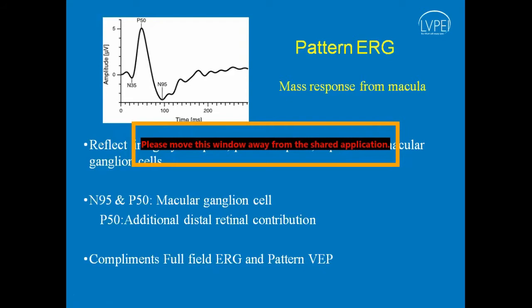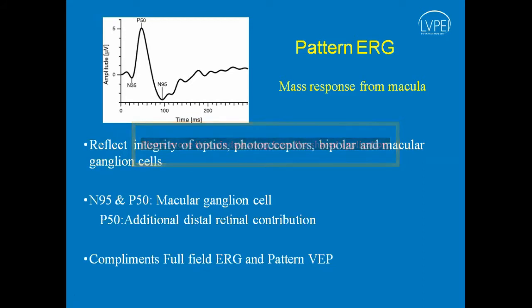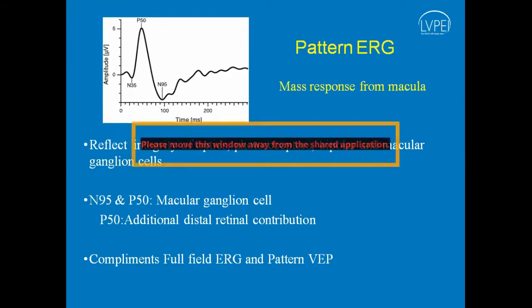So pattern ERG helps one to know whether the pathology is macular or not. And when combined with pattern VEP, it can tell whether the changes we see in the pattern VEP are purely due to an optic nerve disorder or a macular disorder showing up in the VEP, because VEP can get affected even with a macular pathology or a pan-retinal pathology.